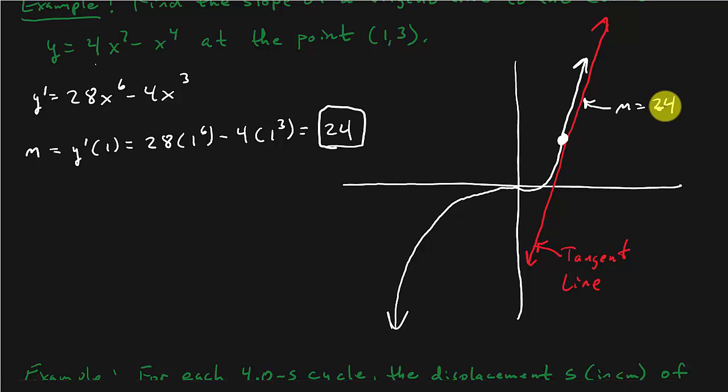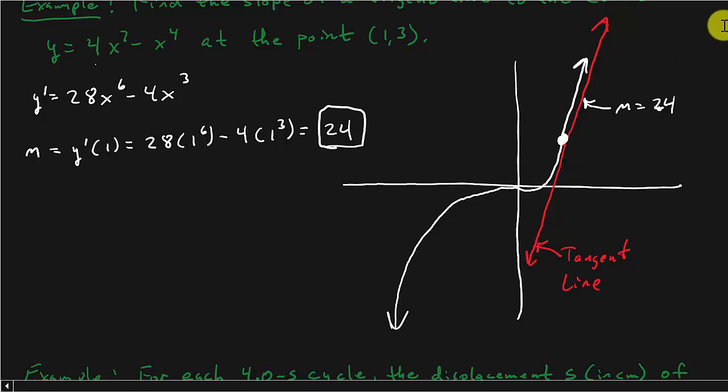I'm not going to go into a lot of detail on what's going on and how that's the slope of the tangent line and all that kind of stuff. If you want to see a detailed video on that, you can go to YouTube.